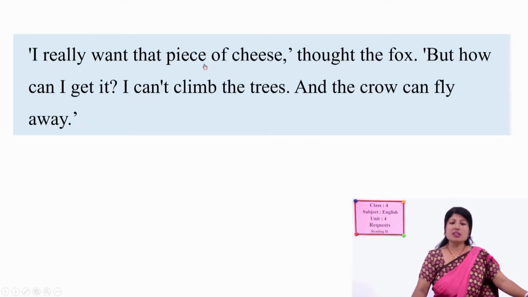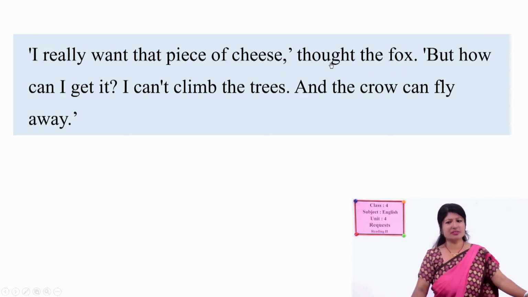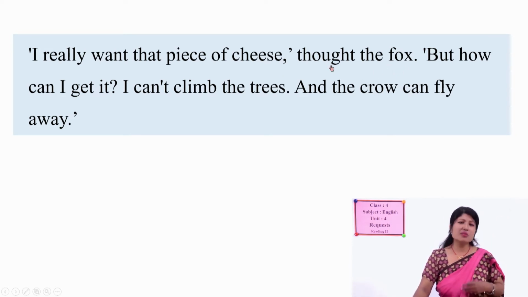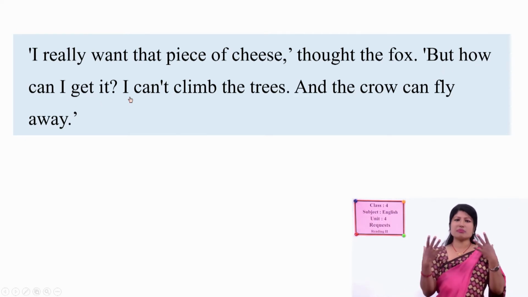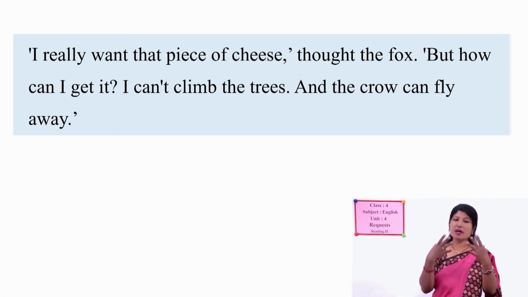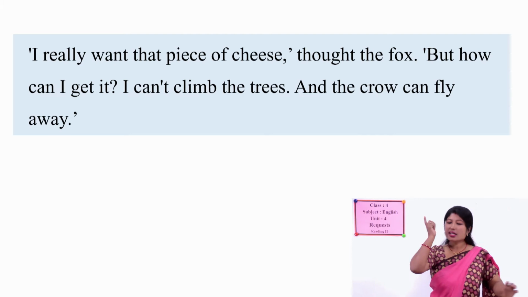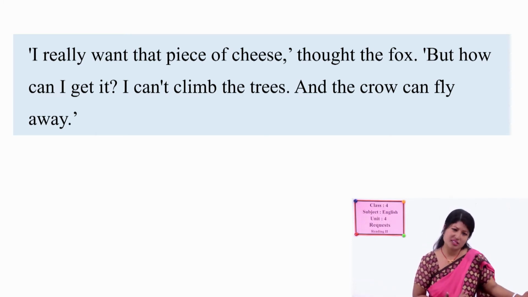I really want the piece of cheese. Who said it? The fox thought, I really want to have the piece of cheese. It was already taken by the crow. But how can I get it? The fox was very hungry, thinking about cheese all the time, and wanted to get it back. He started thinking, how can I get it?